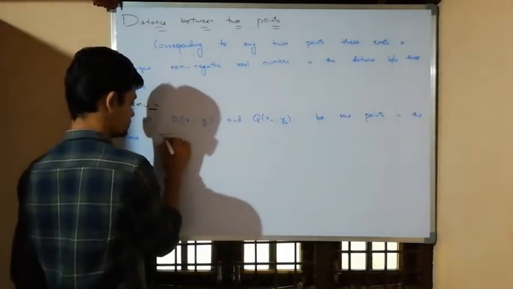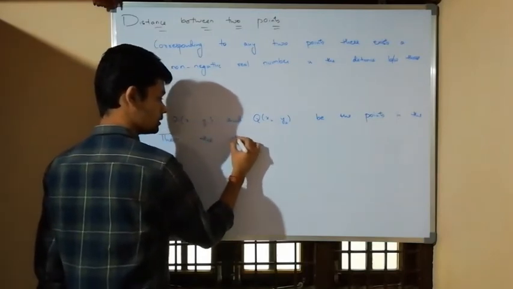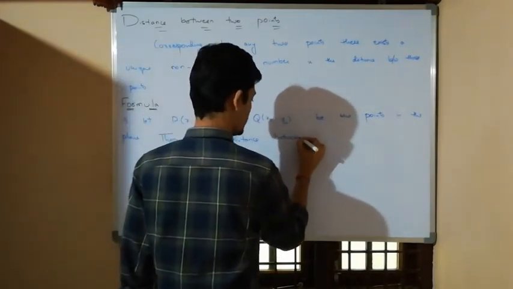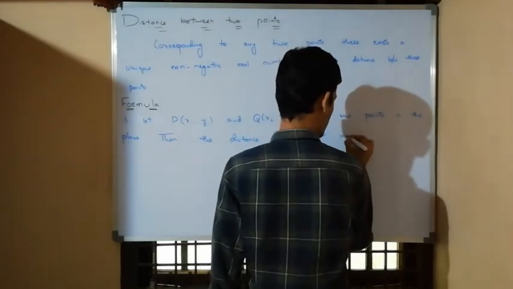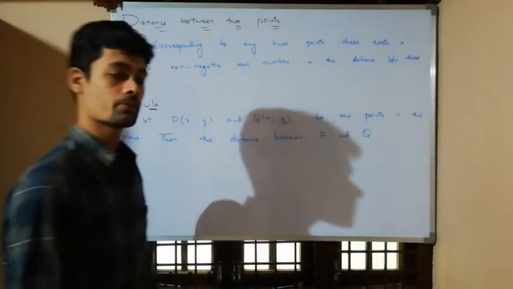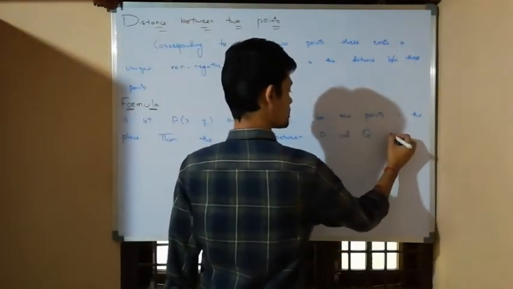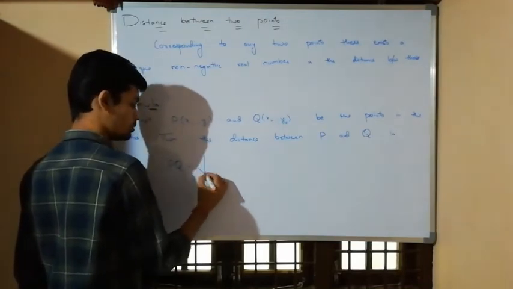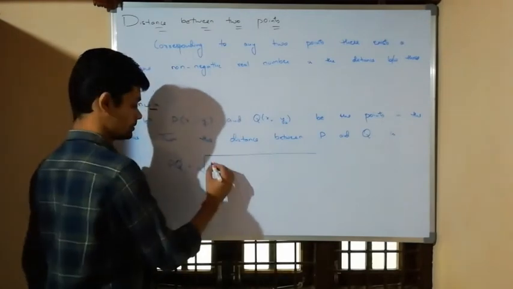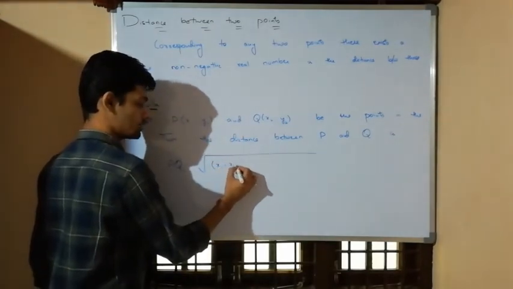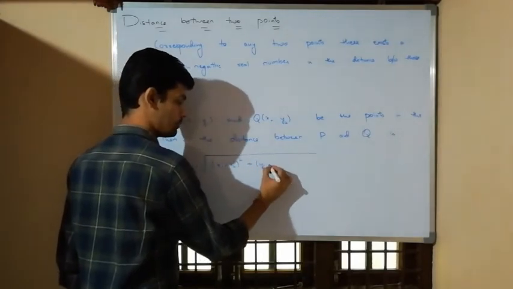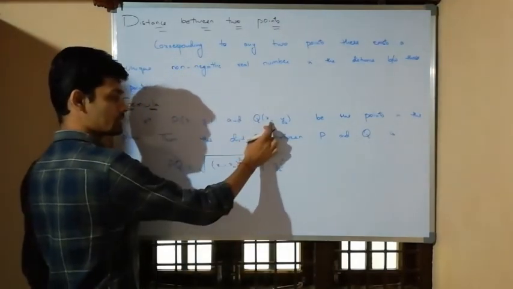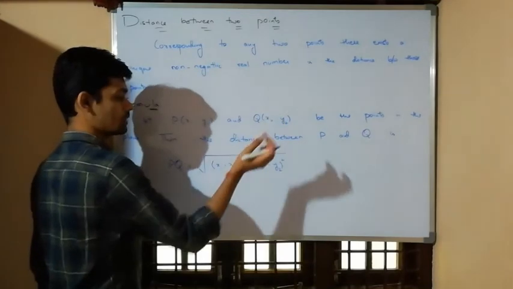Then the distance between P and Q, PQ is equal to under root x1 minus x2 whole square plus y1 minus y2 whole square.